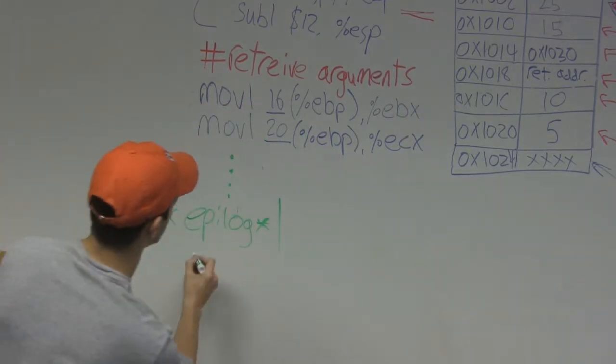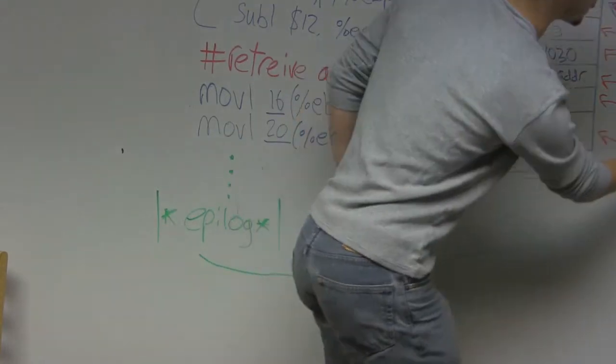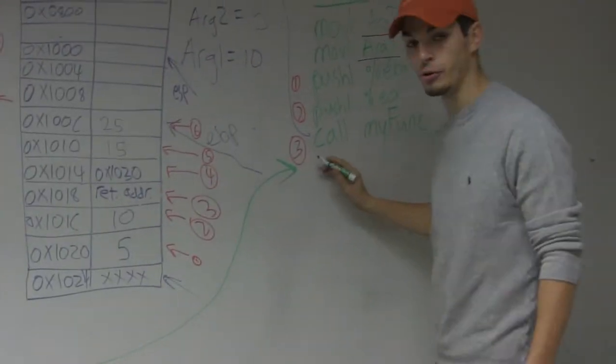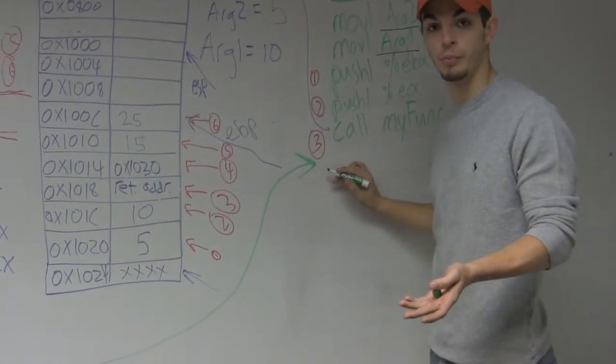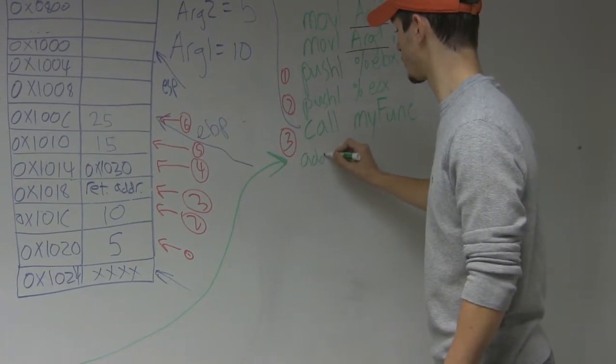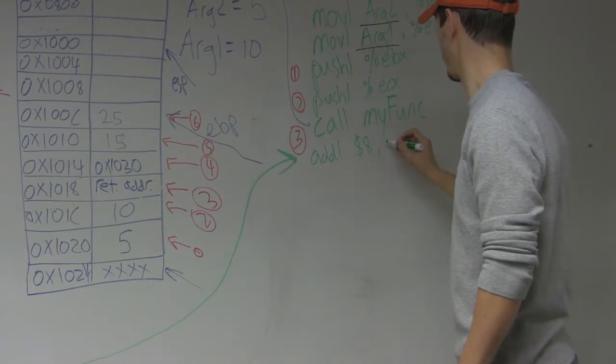And then after this takes place, it'll now return to after the call. And if you recall from the previous portion of this lab video, there's the instruction to add 8 to your stack pointer.